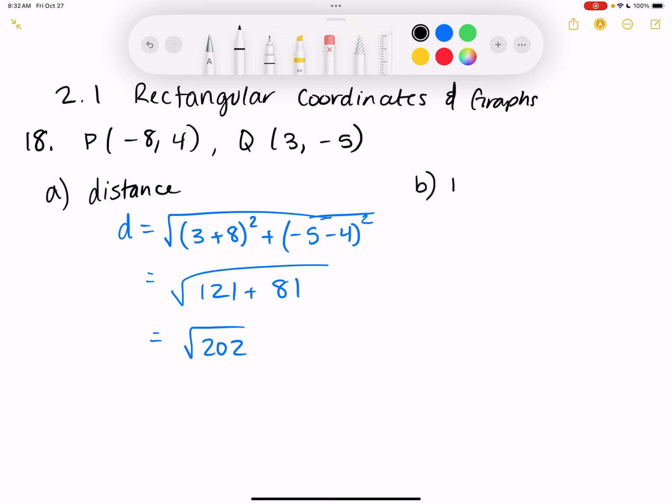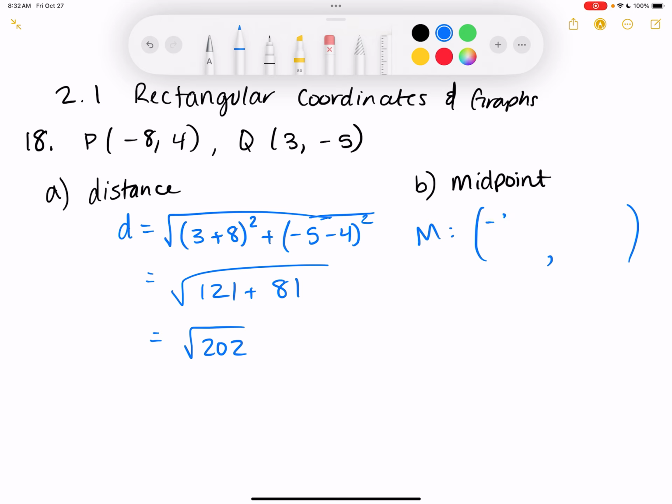So then midpoint. So these are always going to be a coordinate pair, okay? So it's going to give you a coordinate pair, an ordered pair. So we just add the two x values together, divide by 2, add the y values together, divide by 2.